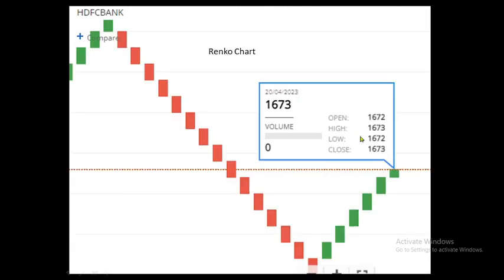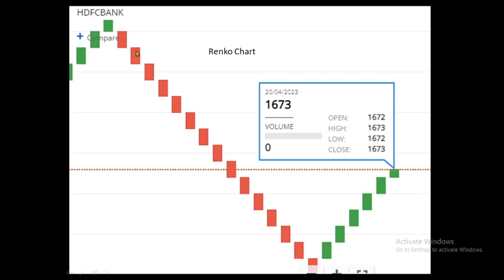This is again one of the chart types, called the Renko chart. This chart prints each rectangle called a brick. We can make these bricks with a point size. Say HDFC Bank falls 2 points, then one brick will form. It falls another 2 points, another brick forms.